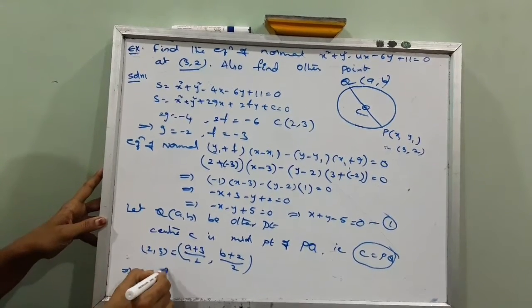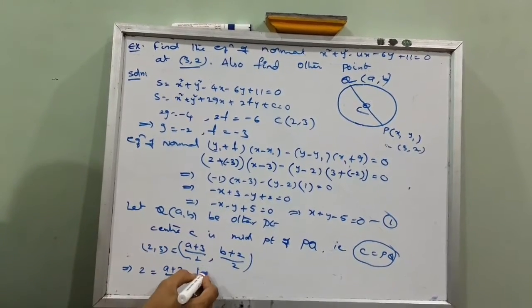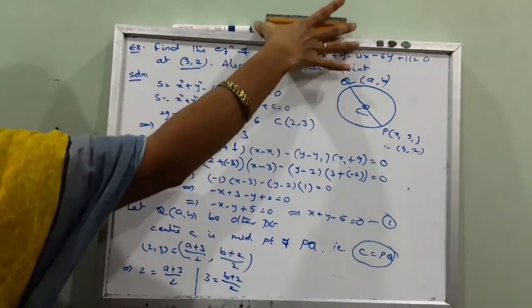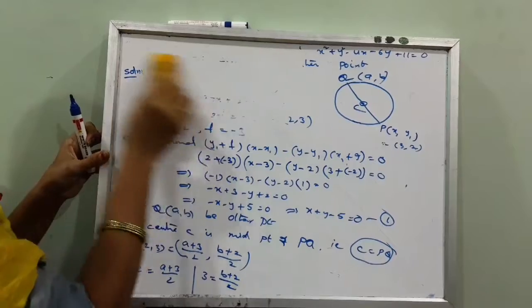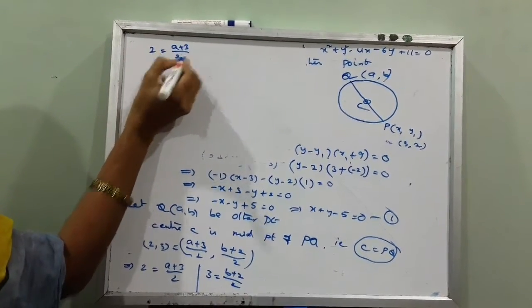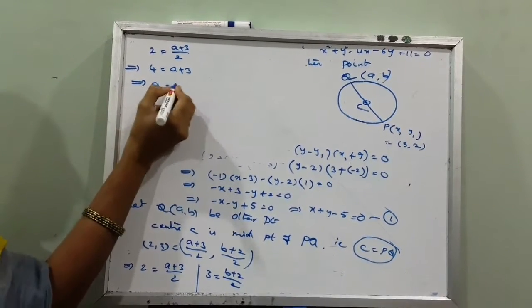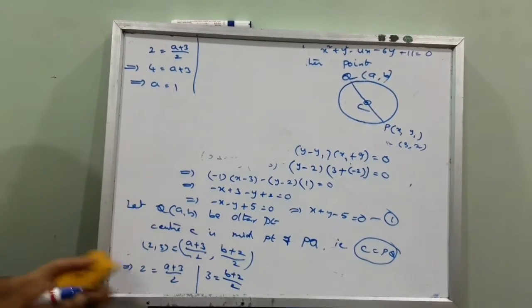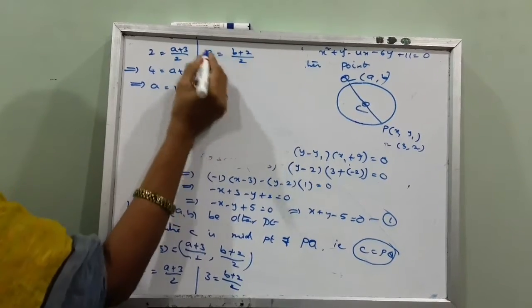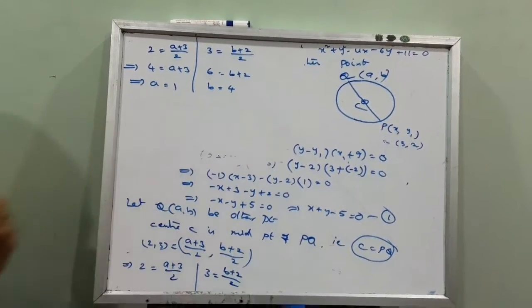First coordinate: 2 is equal to (a plus 3) by 2, so 4 is equal to a plus 3, and a is equal to 4 minus 3, 1. Second coordinate: 3 is equal to (b plus 2) by 2, so 6 is equal to b plus 2, then b is equal to 6 minus 2, 4.